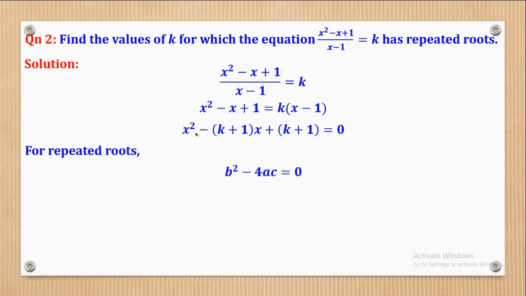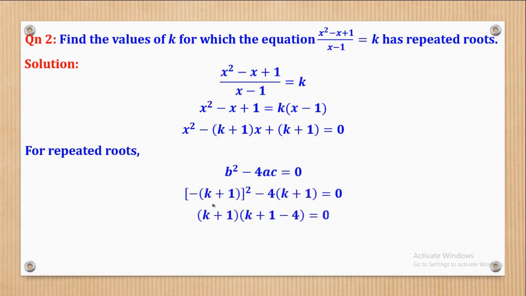Then next we shall substitute. Now b is this coefficient, which is negative k plus 1, and this is c, and a is +1. So we're going to substitute and come up with that. So here k plus 1 is common to both, so factorize it out.